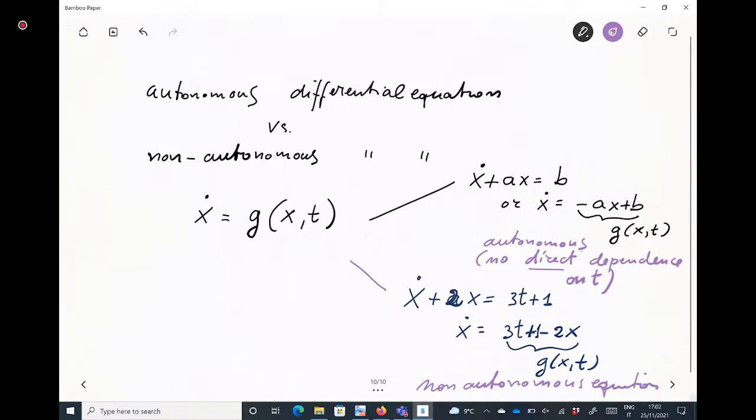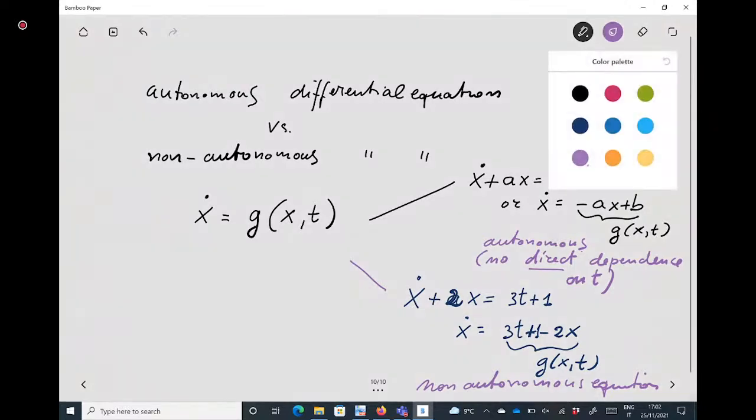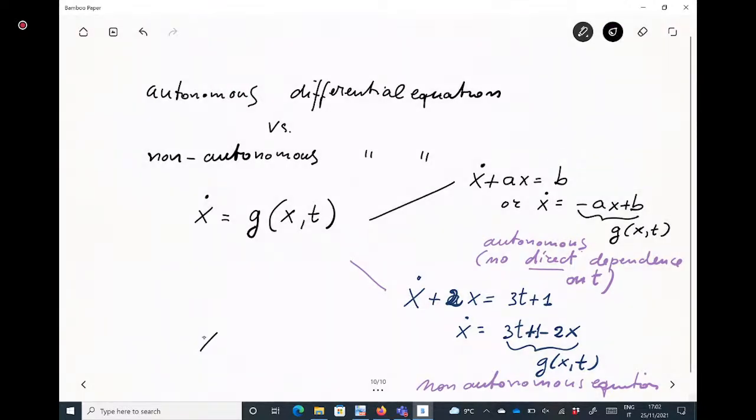Okay, so autonomous versus non-autonomous means there is no direct dependence on t, or there is also a direct dependence on t. So this is the basic idea. Another example could be x dot is equal to minus 3tx.